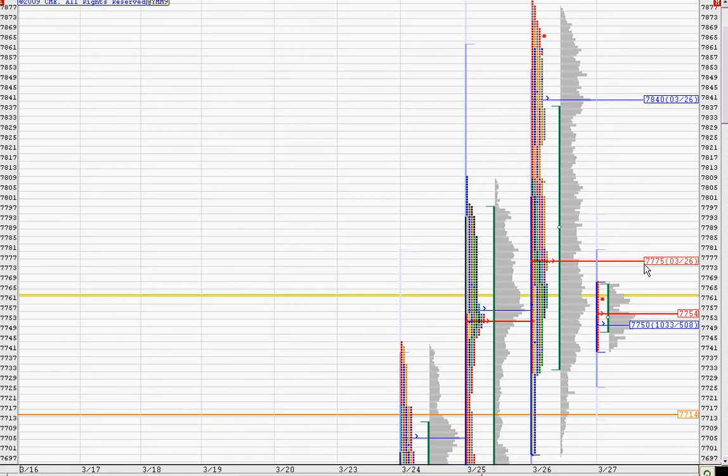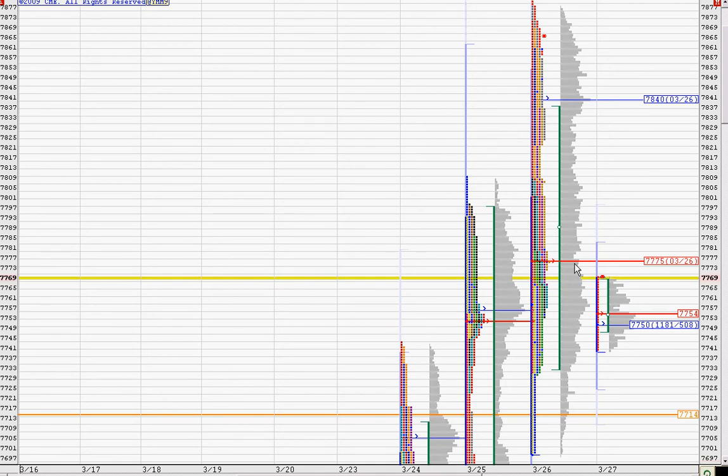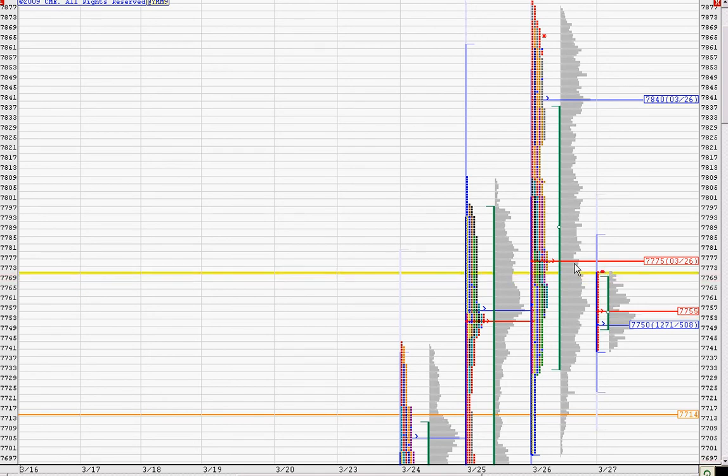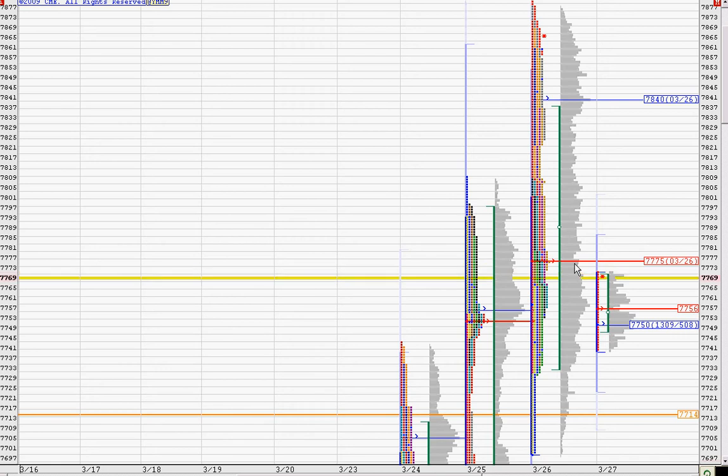And so what I was thinking was, hey, why don't we see if we can grab a pullback on an intraday chart, something before the cash bell rang this morning, and see if we can have this thing go down and test its low value, because that would complete distribution across today's value area.